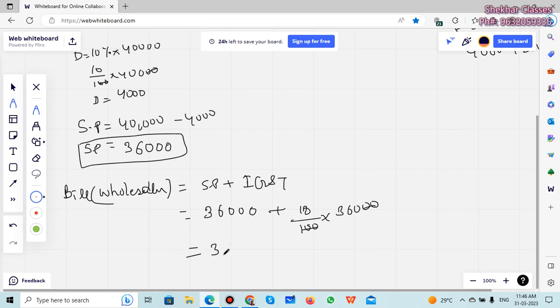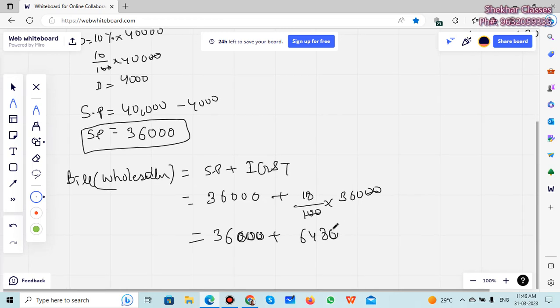So 36,000 plus 6,480 rupees. Add it to 36,000 and it will come to 42,480.